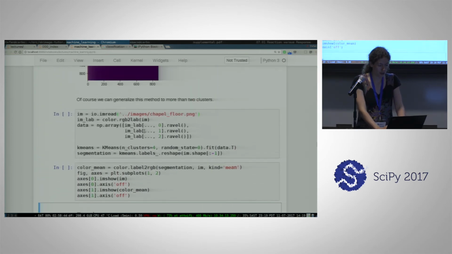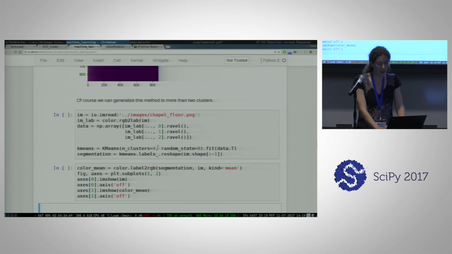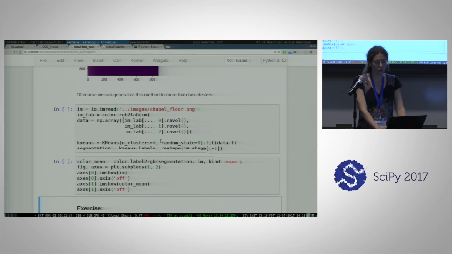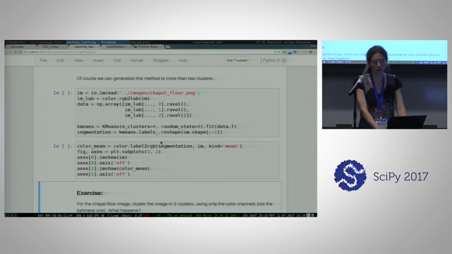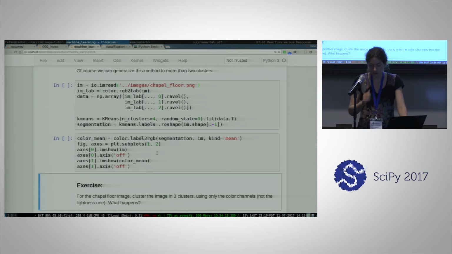So you should just execute these 2 once, look at the code, and here we use 4 clusters and the 3 channels L, A, B, and I want you to do the same with only the 2 color channels A and B and see how the result changes and to understand why. So we'll take 5 minutes for this, and of course you can also take a break.